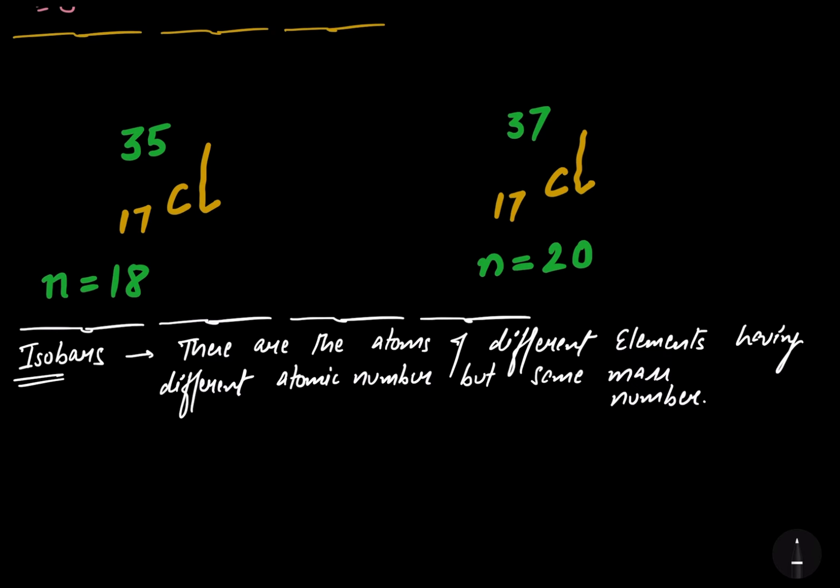So what are isobars? These are the atoms of different elements having different atomic numbers, but they will have the same mass number. Let me take an example.